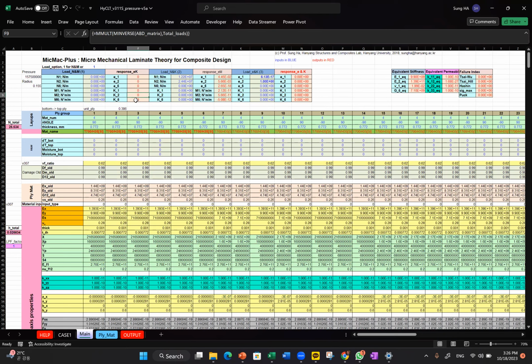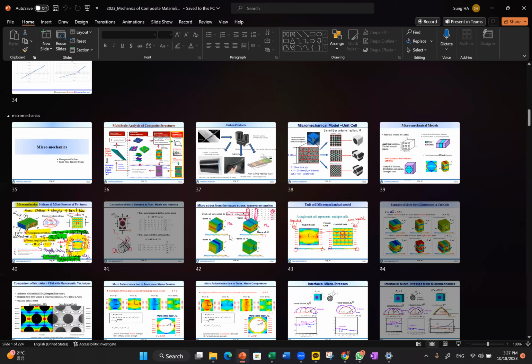This is not a very clear expression, but again, we have a load and a deformation, and between them there is a matrix. So okay, let me open this file.